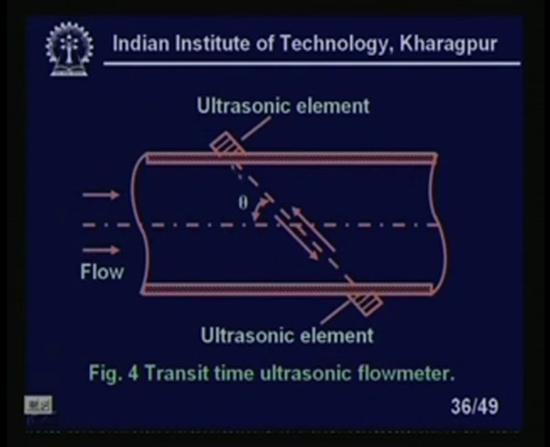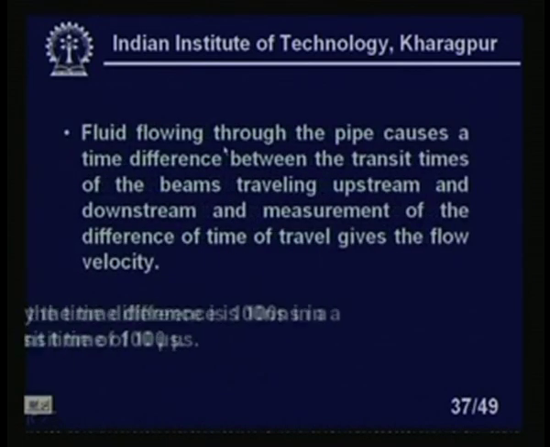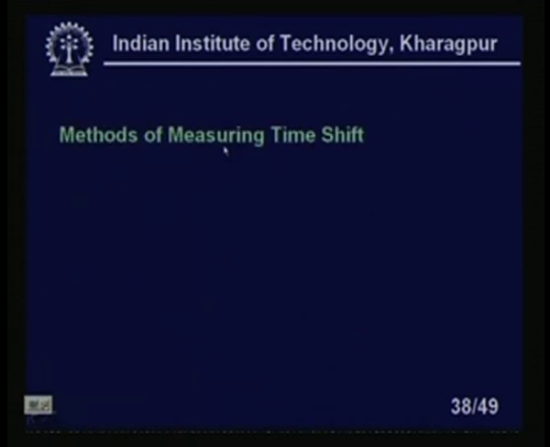So, there is a time shift between the two. The time elapsed between the signal transmitted and received will be different in the two cases. So, using that principle I can measure the flow velocity.